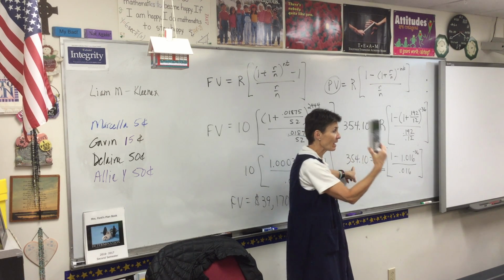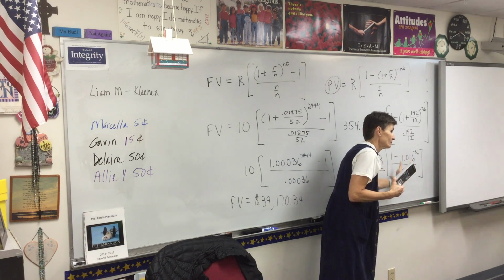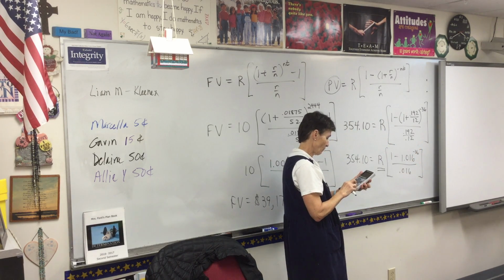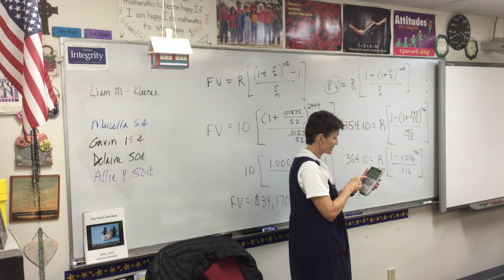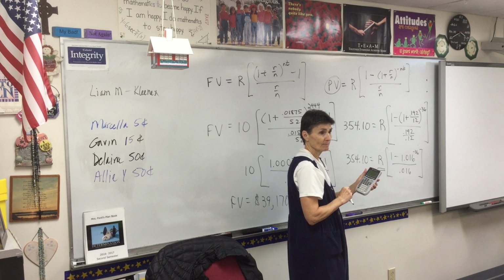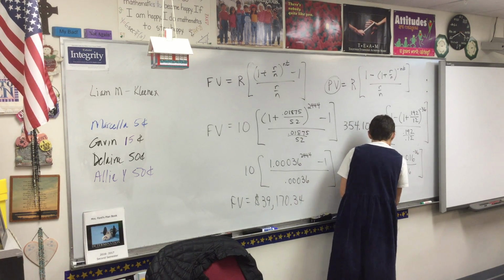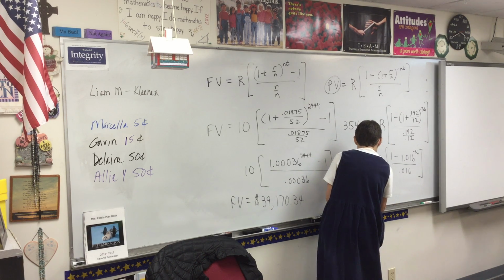So remember how we do that? We just typed all this in. It's right here. So now I do 354.10 divided by second answer. And I got, her payments are going to be $13.02.